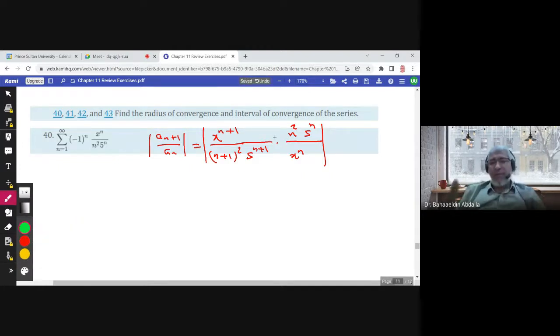And canceling this and canceling this, if we take the limit when n goes to infinity, n squared over (n plus 1) squared will go to 1. So this will go to absolute value of x over 5.